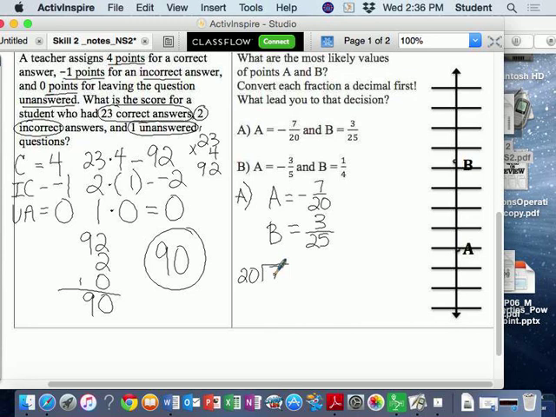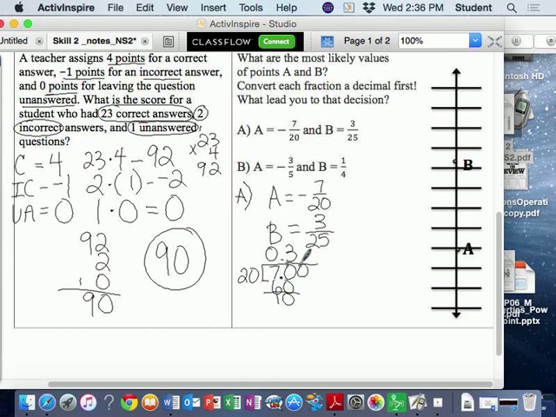We know that 20 cannot go into 7. So we need to add a decimal, put a 0 in the place since it cannot go, add a 0 after our decimal. How many times can 20 go into 70? 3 times 20 would be 60. Subtract, you would get 10.